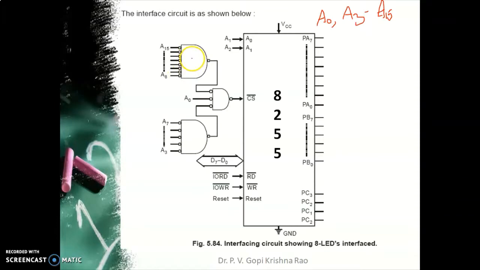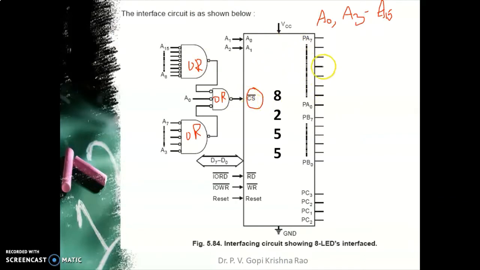This is an OR gate, a bubble input AND gate, and a bubble input, bubble output AND gate is an OR gate. So this is an OR gate, this is an OR gate, this is also an OR gate. All the remaining address lines are connected to the chip select logic. So when you send an address of 0740, your chip is enabled and port A is selected.